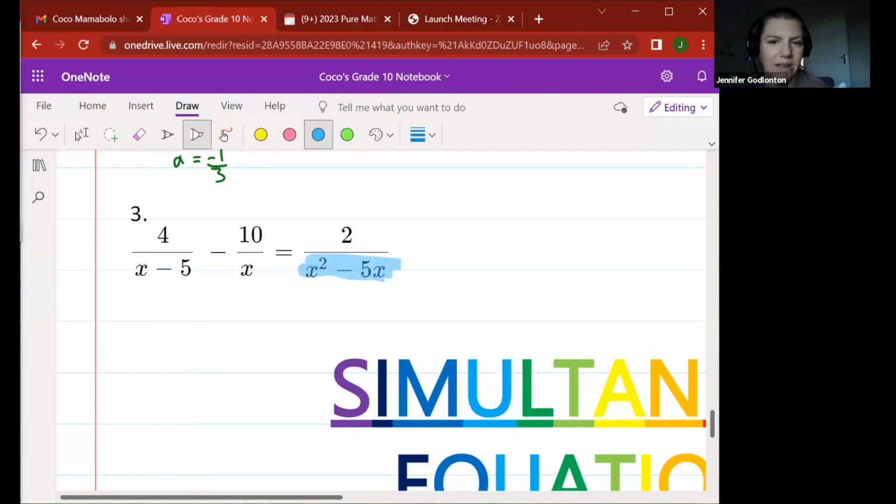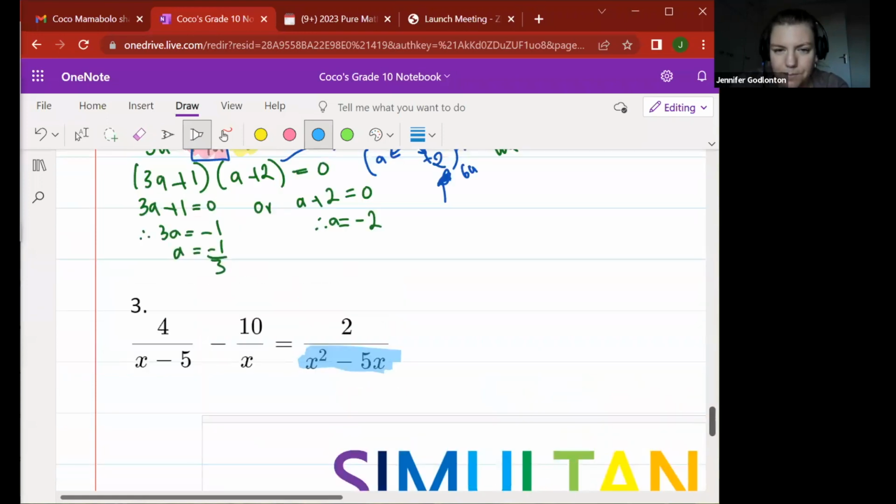Who can tell me how I can factorize that x squared minus 5x? What can I do? Great. HCF. Beautiful. So I'm going to move up here so I've got a bit more space.